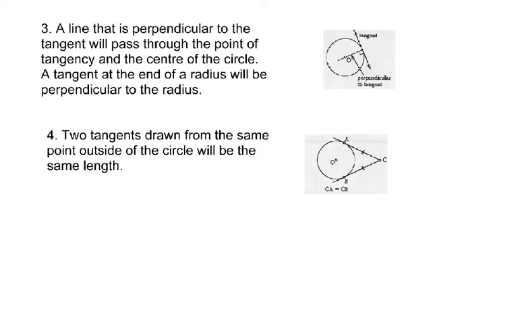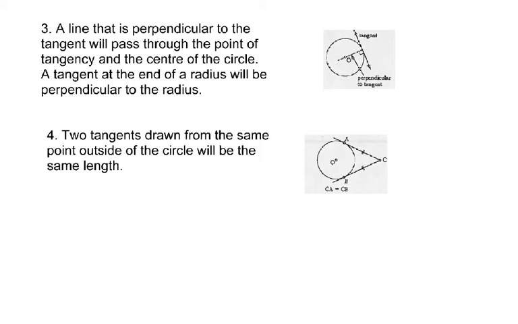When we have something that sits on the edge of the circle, we can guarantee that if the line that makes contact with it, this one right here, goes through the center, you're going to have a perpendicular contact with this line. That's why it says a line that's perpendicular to the tangent will pass through the tangency and the center of the circle. That is what you can guarantee.